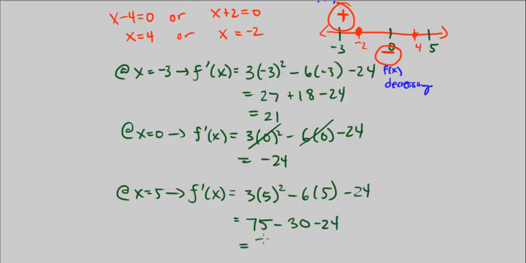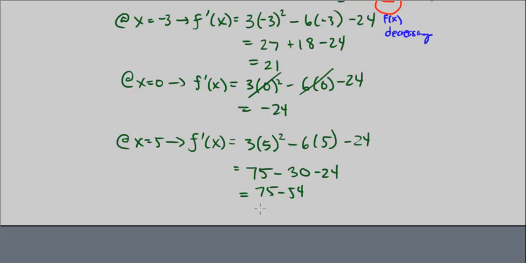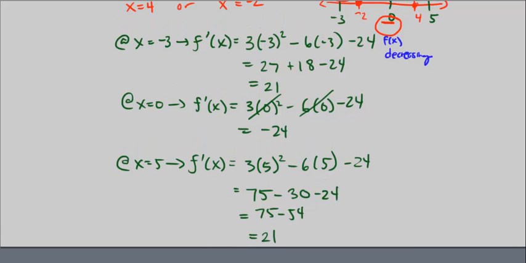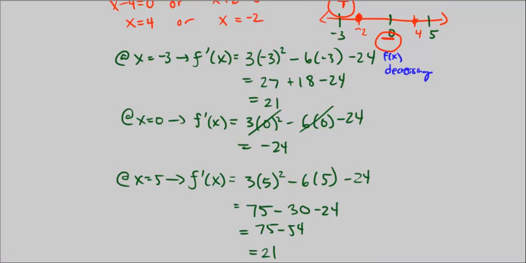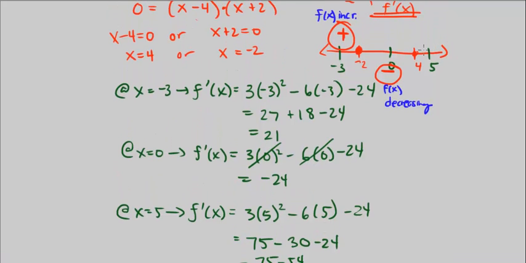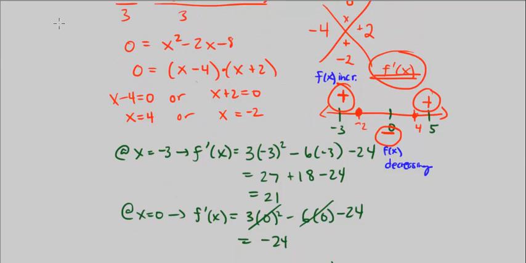So when you add those together, it's just 75 minus 54. I already know that this is going to be positive now. Right? 75 minus 54 is 21. Positive again. So now I know that over here on the region to the right of 4, it is going to be positive, and that means if f prime of x is positive, that means f of x is increasing again.